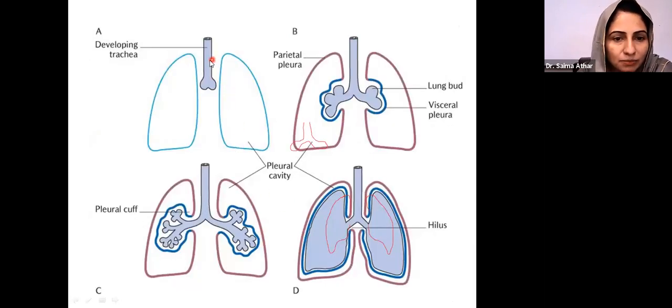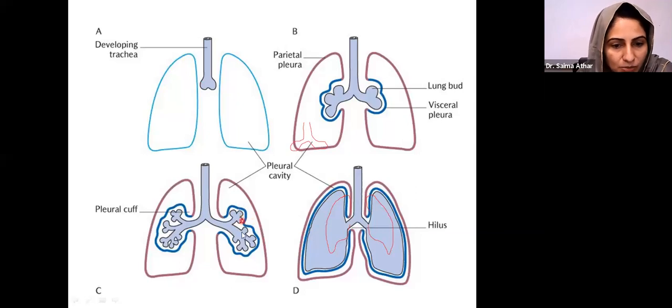This is another diagram. You see, this hole is the cavity. The pleural cavities are initially very large, until the lung starts growing inside them. But by inside, we don't mean the lung has gone inside. It is actually outside, but the layer which is in intimate contact becomes the visceral pleura, and the layer which is along with the chest wall becomes the parietal pleura.